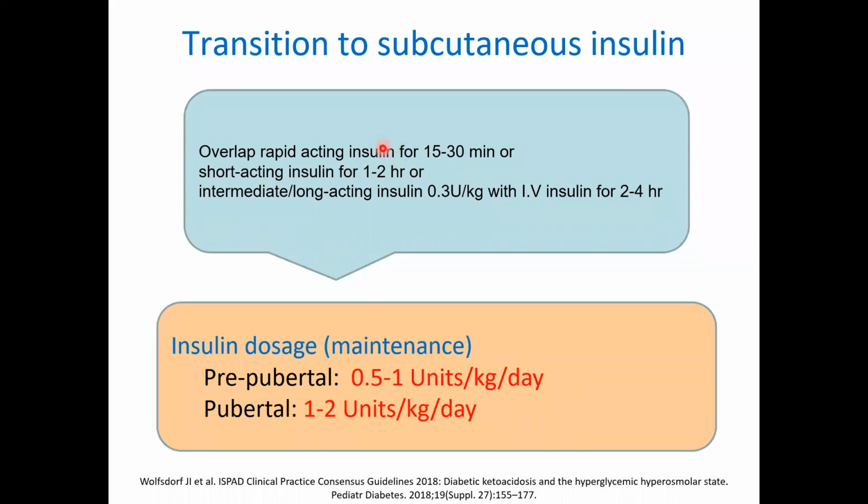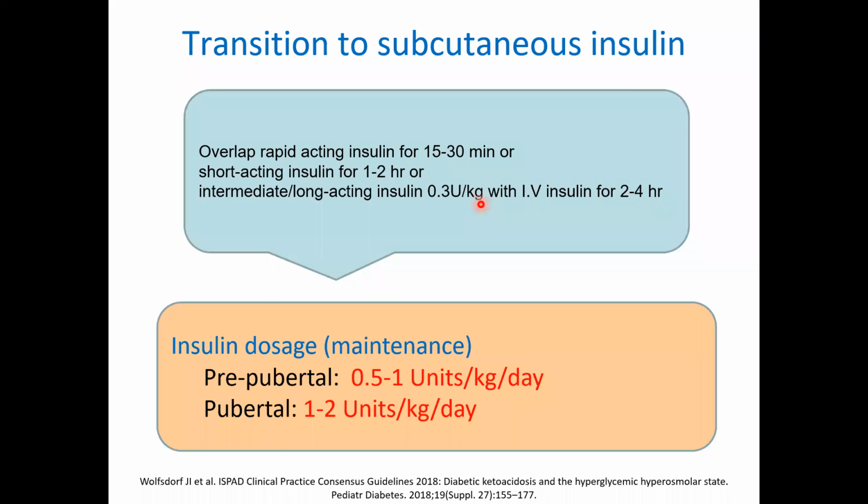This is taking into consideration the insulin that you're giving. Or intermediate or long-acting insulin like Lantus for 2 to 4 hours. Some people even overlap overnight. For example, if I want to transition patients in the morning, I can give them 0.3 units per kg of Lantus, but they continue with the insulin infusion they're getting for a few hours, and then we stop after those hours.